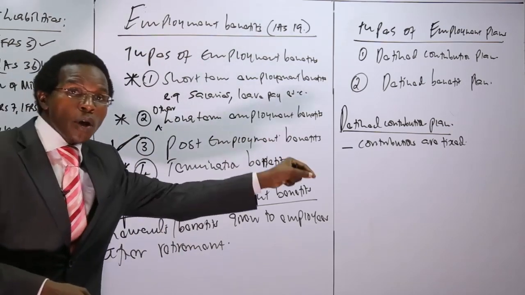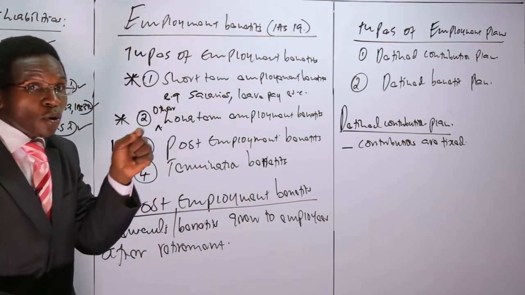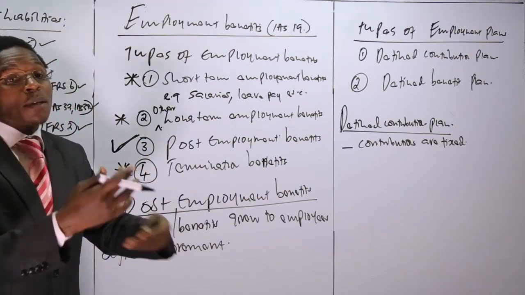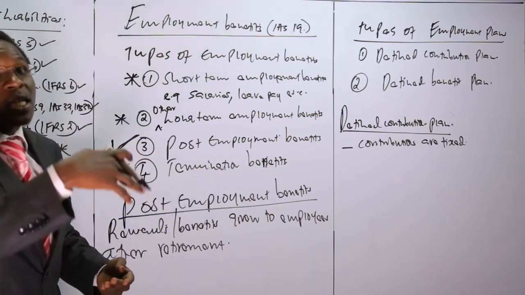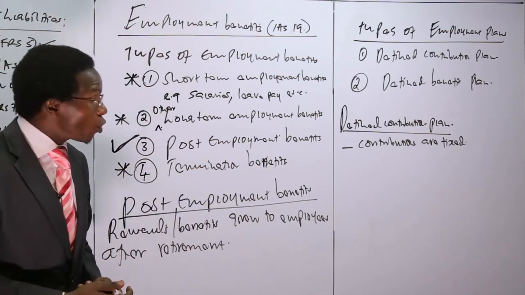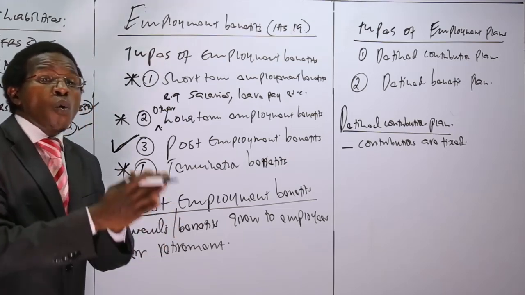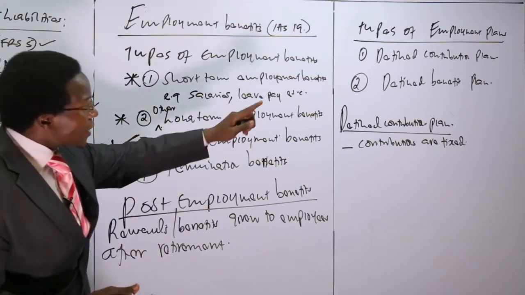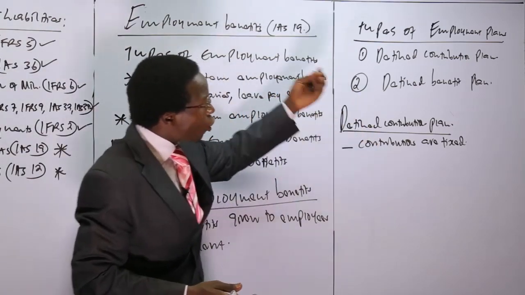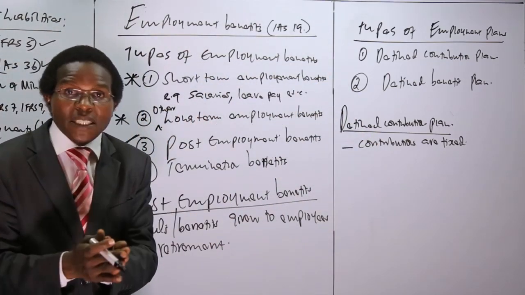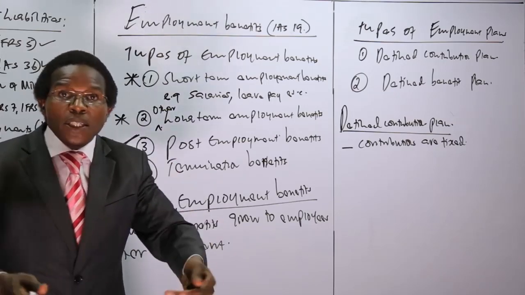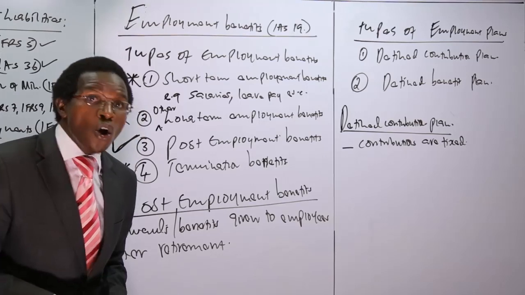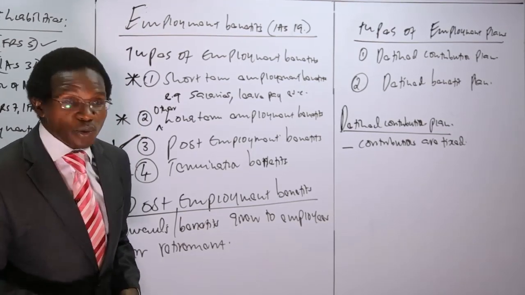The amount the employer will contribute and the amount the members will contribute is constant. But the members sometimes can be allowed to increase at their own cost. The employer will contribute the same amount throughout. Once that amount is contributed, it will be reinvested, and what you are going to receive once you retire will depend on the investment that money was put in.